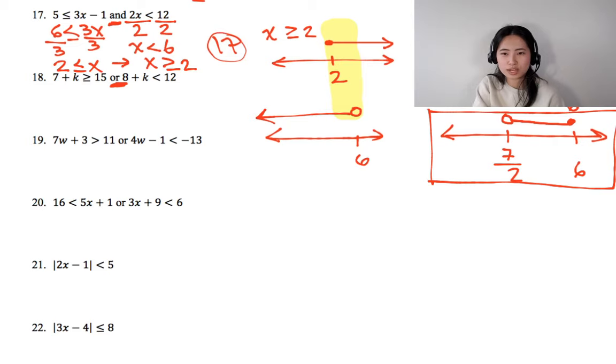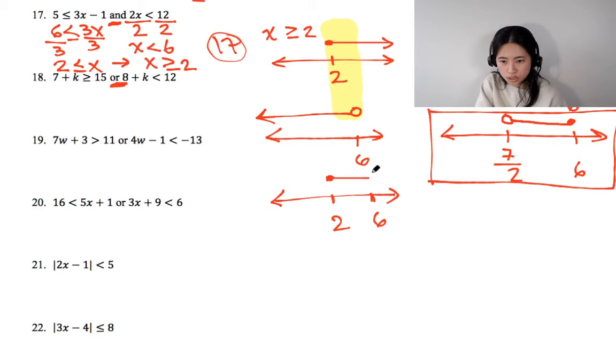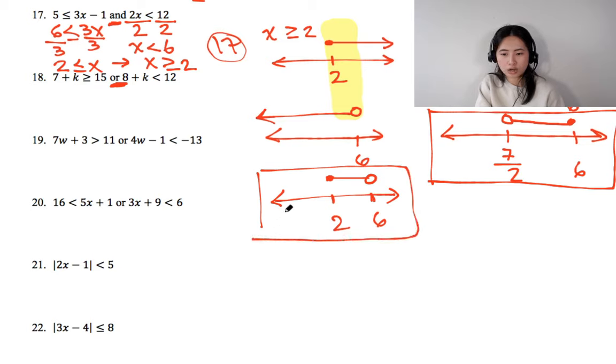Can you guys see that? So when you combine the two graphs, you're going to have 2 and 6, where you have greater than for 2, and 6 is supposed to be less than. Sorry, this should not be included, so it should be an open hole. There we go. So that's your inequality, and that's your graph.